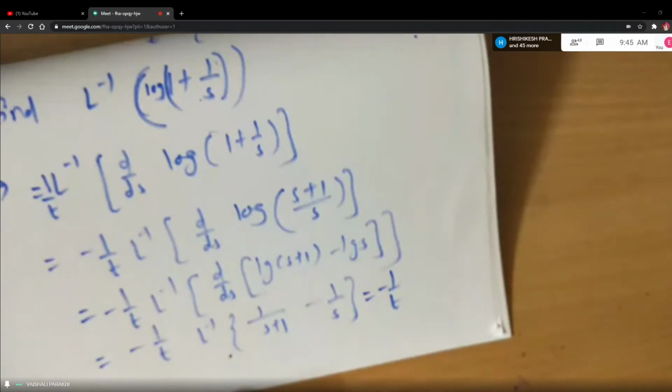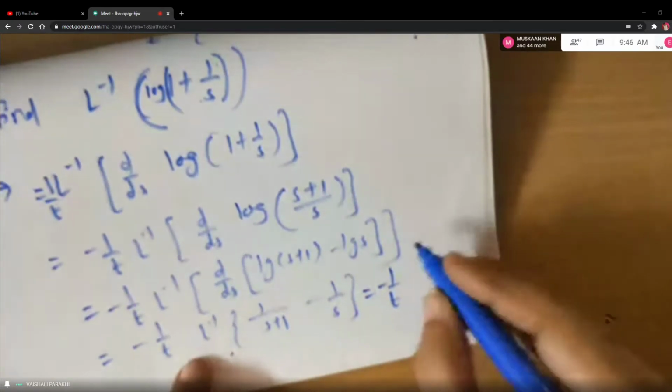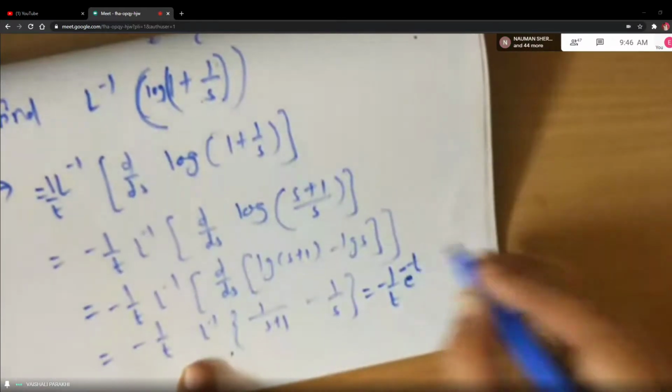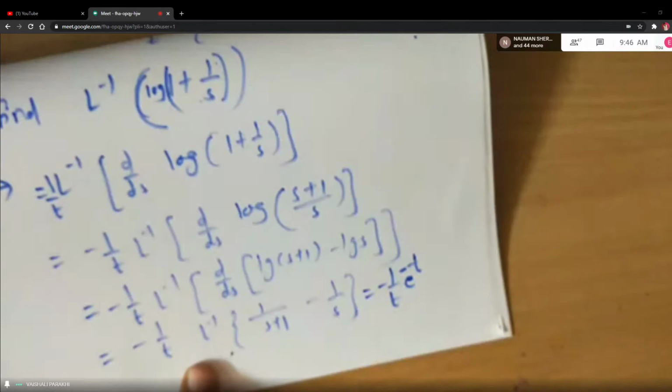Are you telling, Anirudh? E raised to minus at, means e raised to minus t here, no? Because a is 1, right? Okay. Yes.